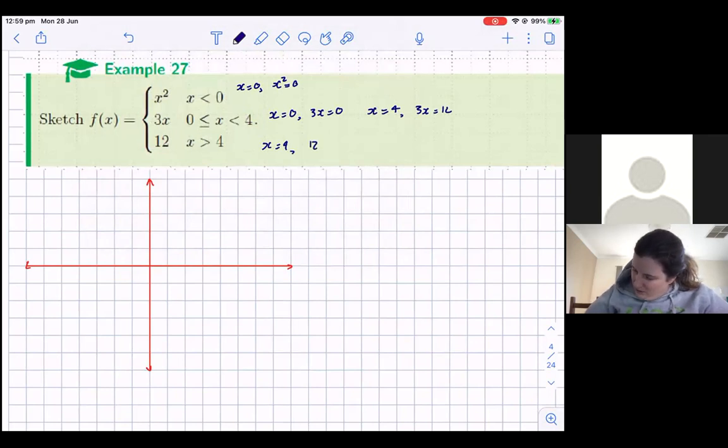So it's going to look something like, I just know I want it to go through. Okay, just pretend I can draw. It's going to look like a parabola, but then it's going to start going up like 3x, and then it's just going to keep going across at 12. So 4, 0, this is 12. Y and x.